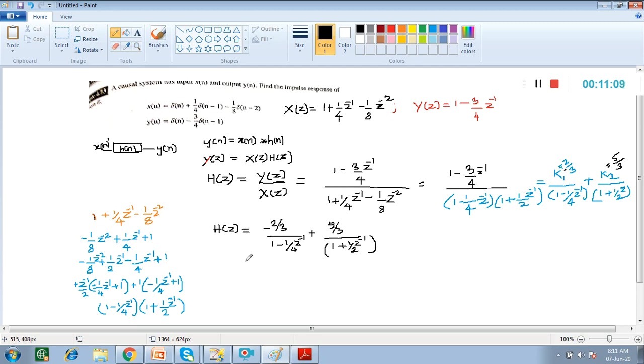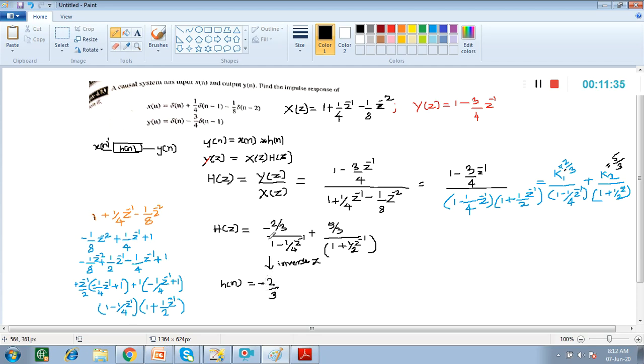Now when we go for taking the inverse z transform of this h of z, h of n is equal to minus 2 by 3, which will not be changed.